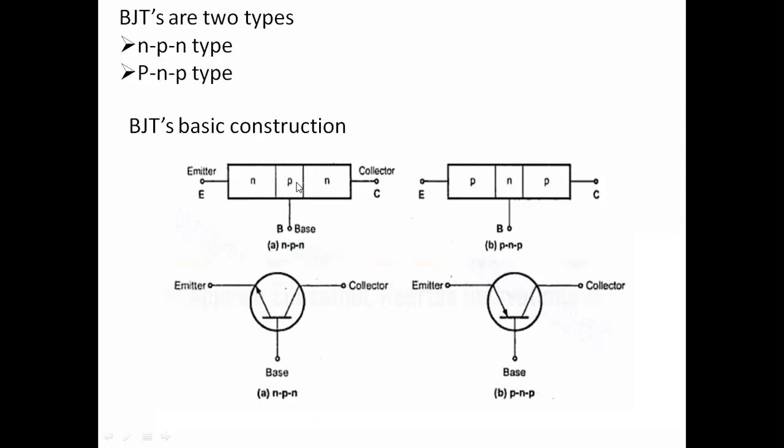Whereas the P-type material, that is the base region, is lightly doped, the emitter region is heavily doped. Here you can observe the width of the emitter is more than the base region, and the base region width is very small.